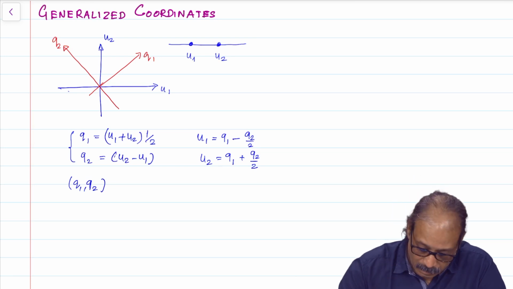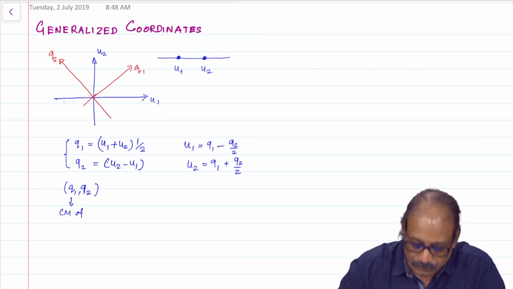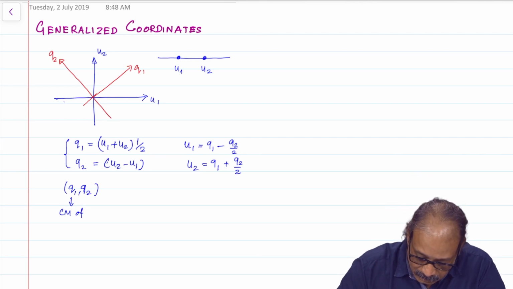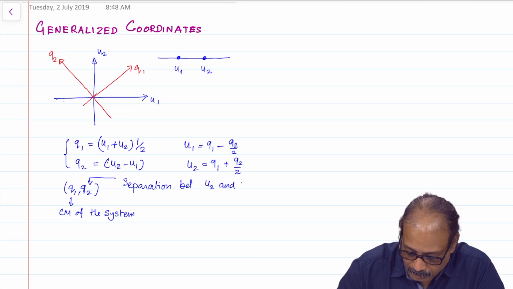What is q1? q1 actually gives me the center of mass of the system, assuming the two masses are equal, and q2 gives me the separation between the second ball u2 and u1.